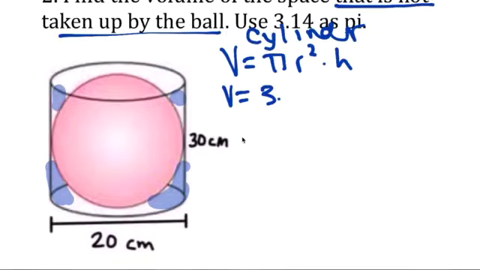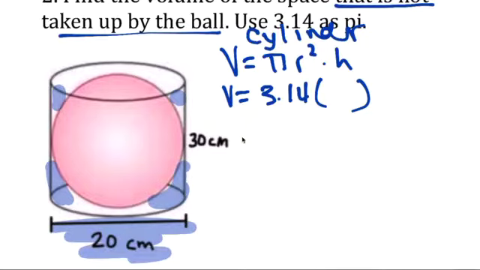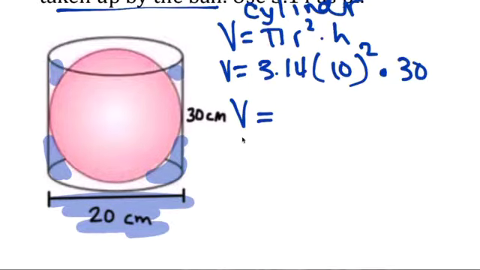Volume is 3.14 times radius. Here's the diameter, so radius is 10. We square that times the height, which is 30. So volume then equals... I did this wrong. This should have been 30.